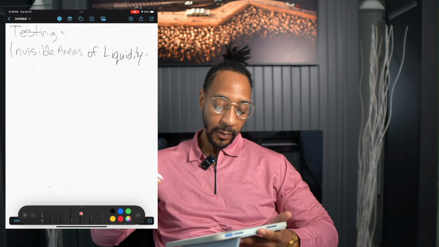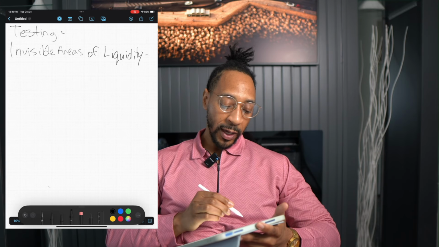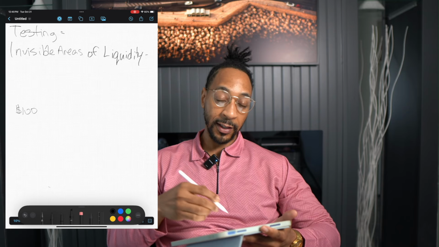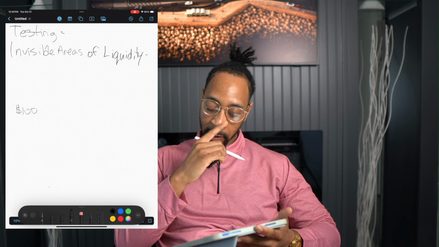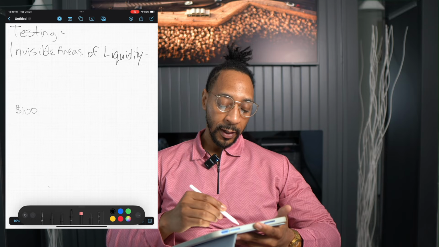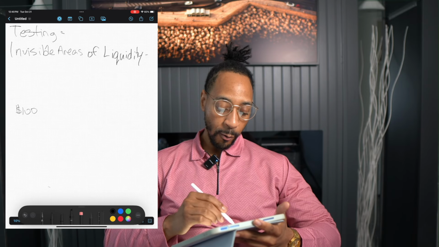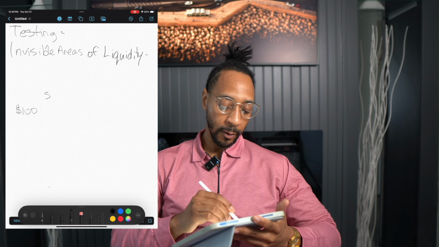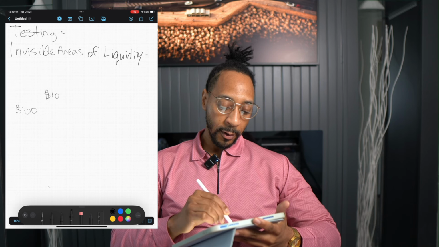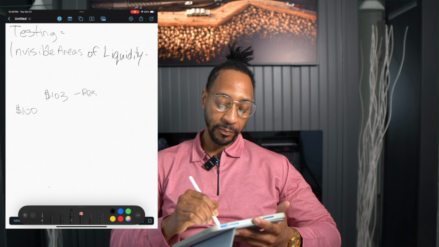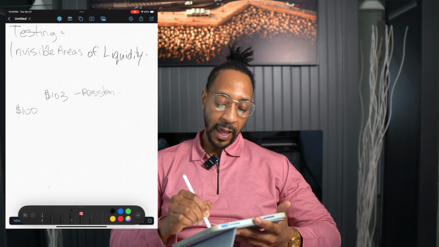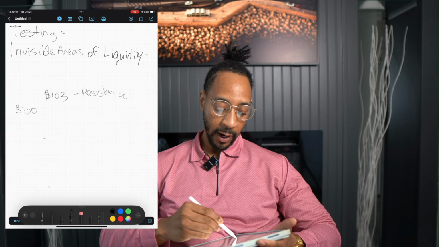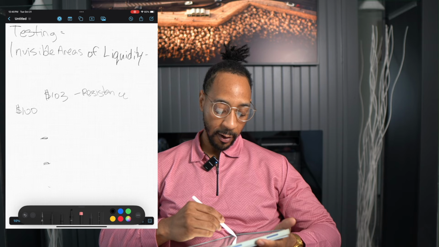So let's say that we have a stock right here at $100. This is the chart. The stock is at $100 and let's say resistance is 103. So we got 103 right here, and then we got 100 right here.